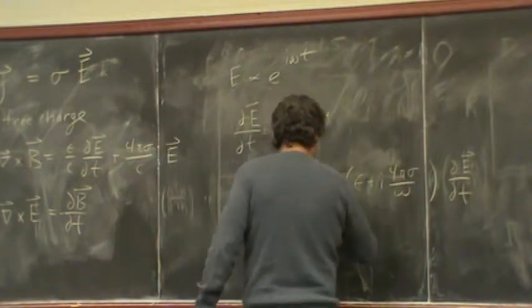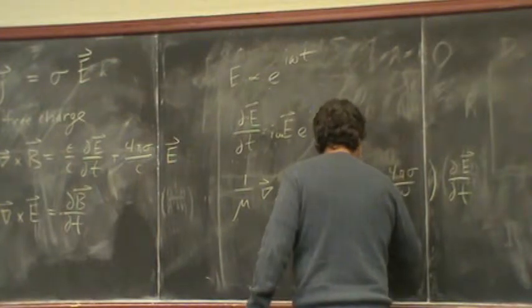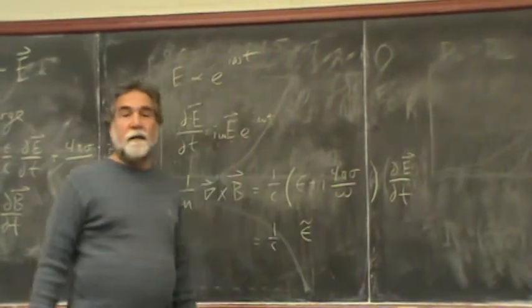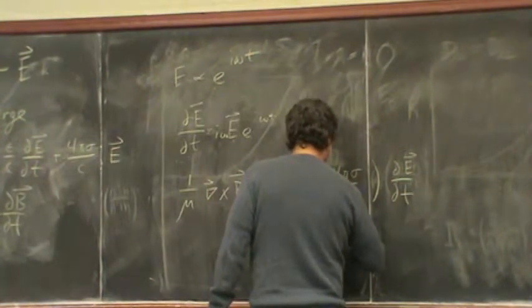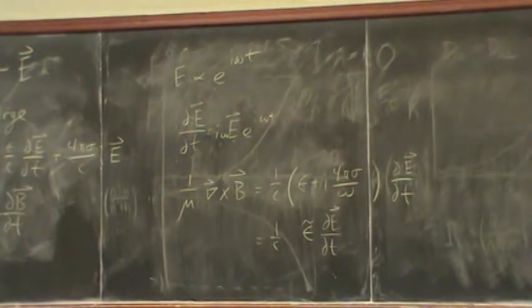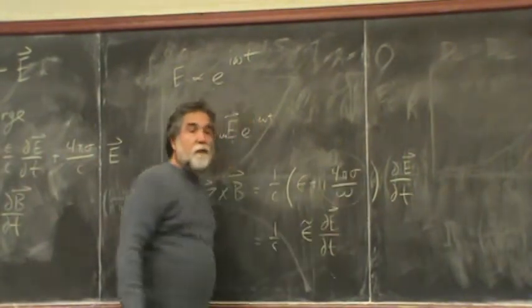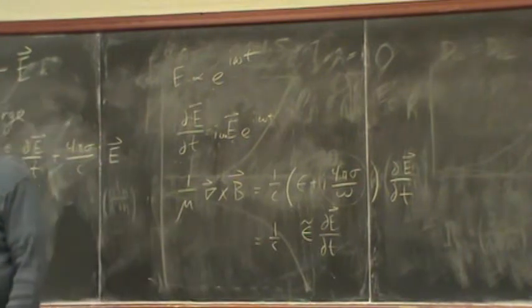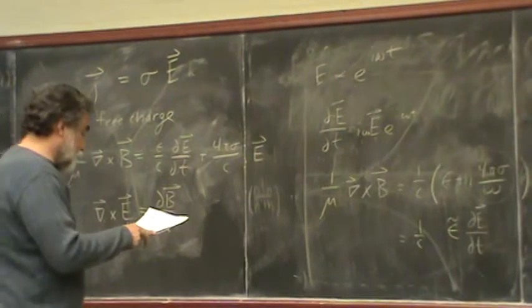Let's call this term epsilon with a tilde on it, dE dt. So now, if I have a conducting material, I am introducing a complex term into the dielectric function, and as a result, a complex term into the index of refraction.